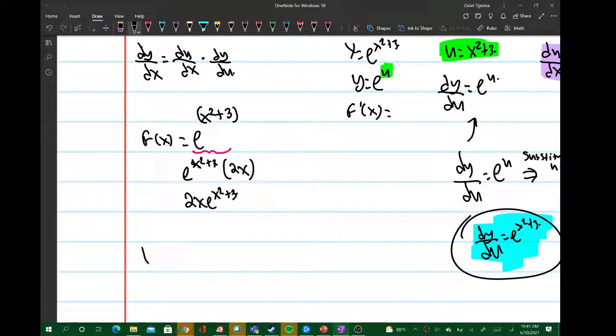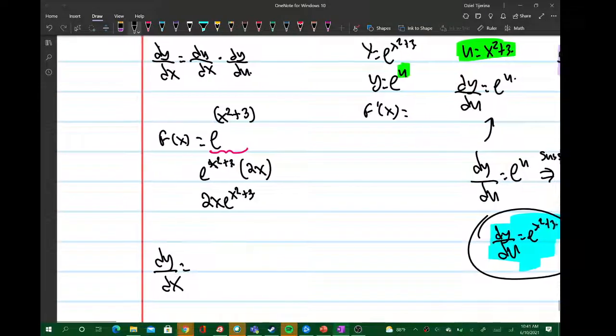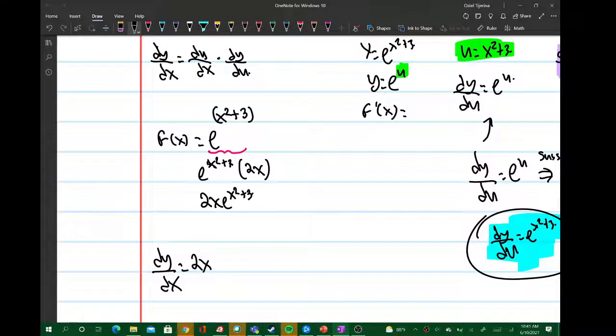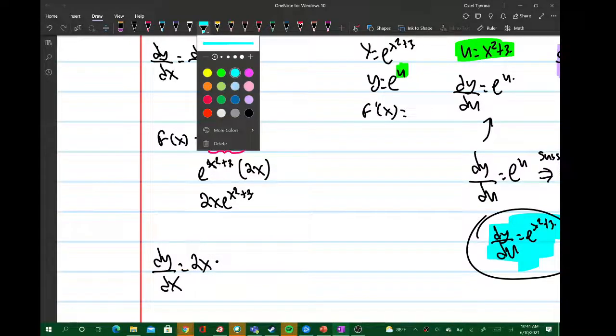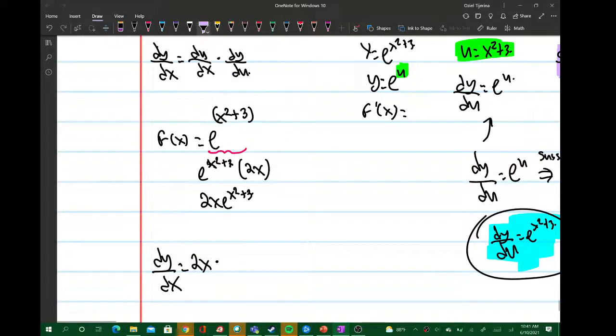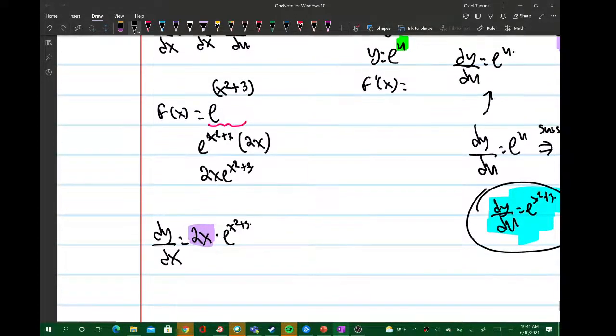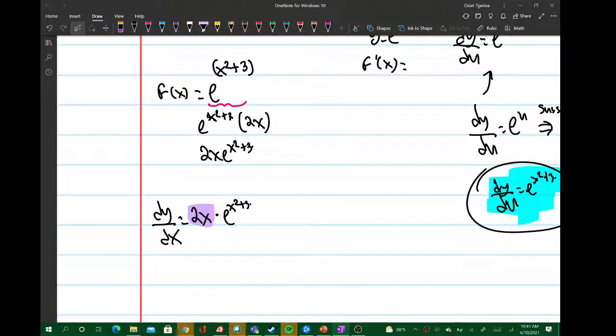So dy dx is going to be equal to du dx, which is 2x, times e to the x squared plus 3 power.